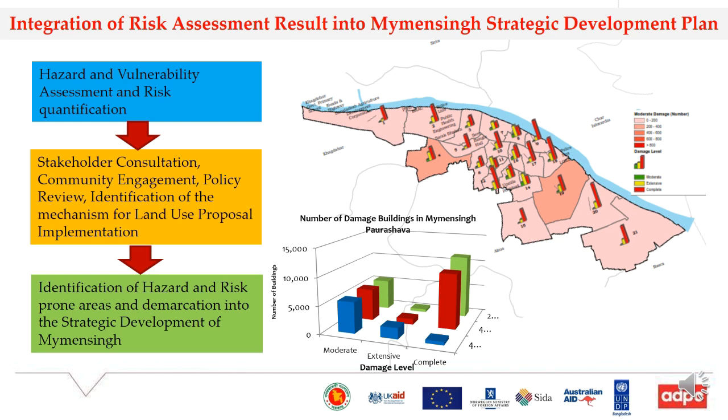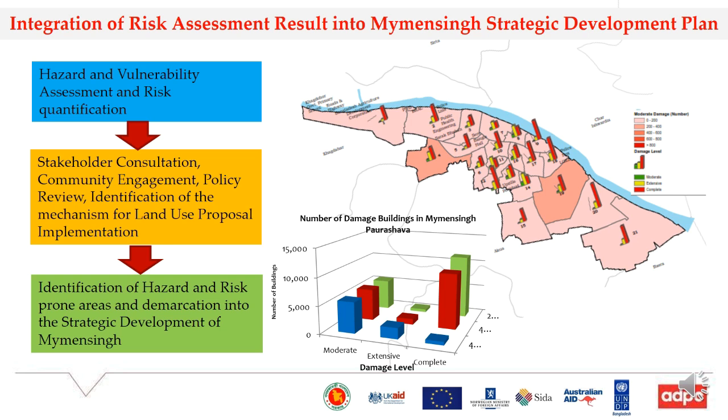One more example of use of risk information in development planning is the integration of risk assessment results into a strategic development plan. We did one in Mymensingh City based on the risk assessment that we did earlier in CDMP. Hazard and vulnerability assessment and risk quantification have been done.